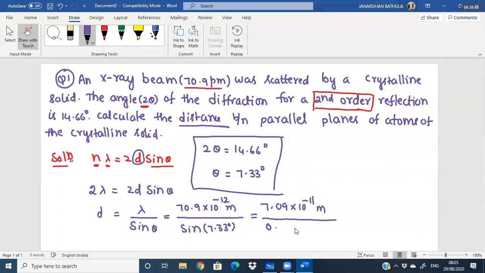Sine of 7.33 degrees equal to 0.8658, so d is 8.18 into 10 power minus 11 meters.